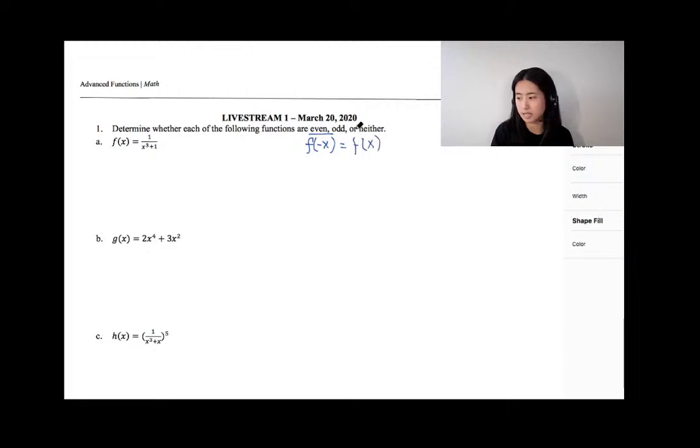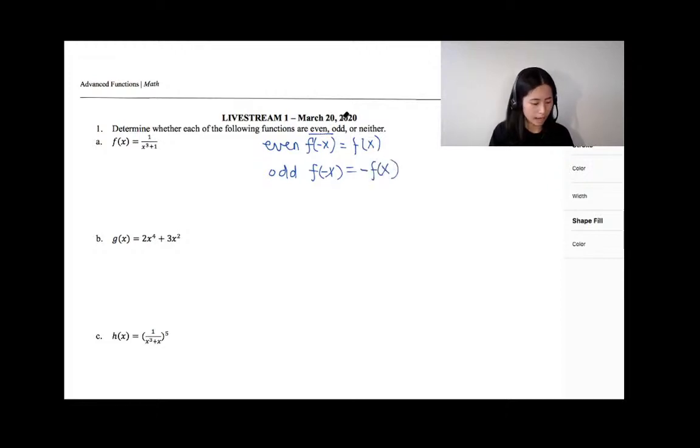So that's when it's even. And if it's odd, you need to plug in f of negative x as well. But instead of having f of x, you need to have negative f of x.